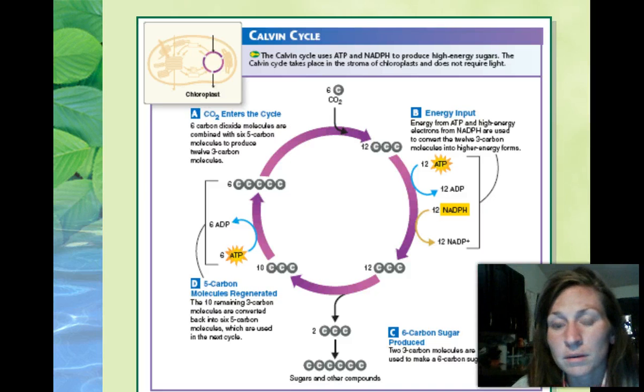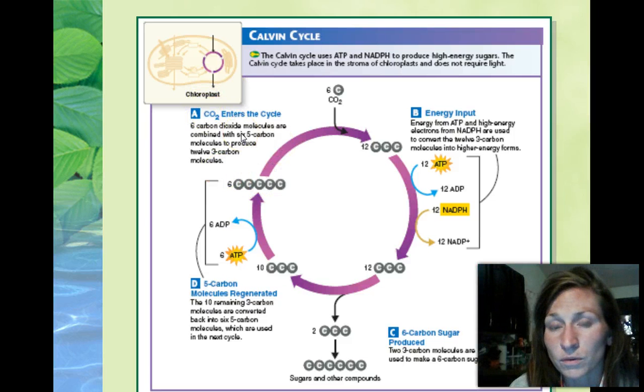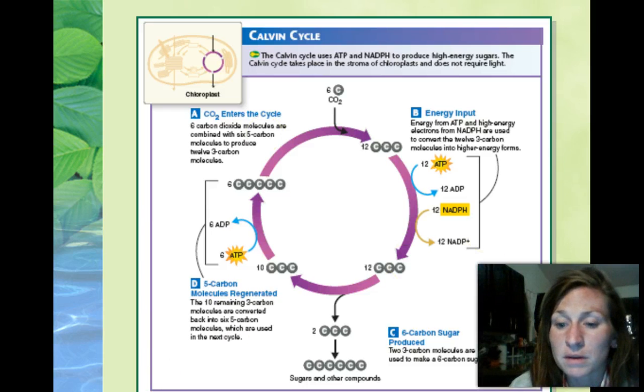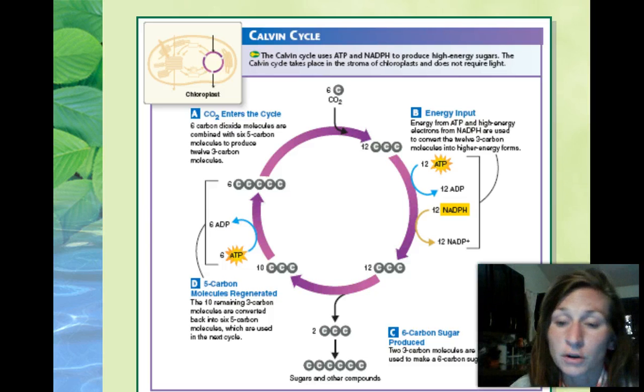I'm not particularly concerned with you memorizing this diagram. Just know that carbon dioxide does enter the cycle in order for the light-independent portion of this reaction to occur. And when we finish off, our product is going to be the carbohydrate or the sugar part of the product of this photosynthetic reaction.